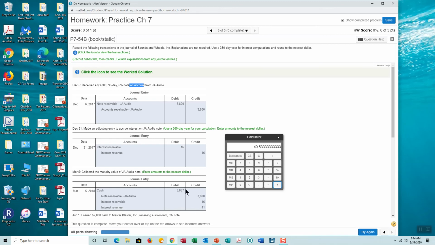You add these three up to get the cash. So again, this is how you pay off a note receivable that spans two time periods, which means we had an adjusting entry right here.